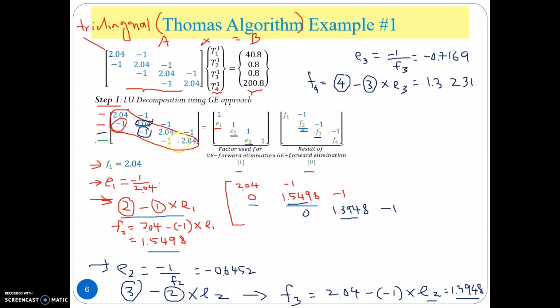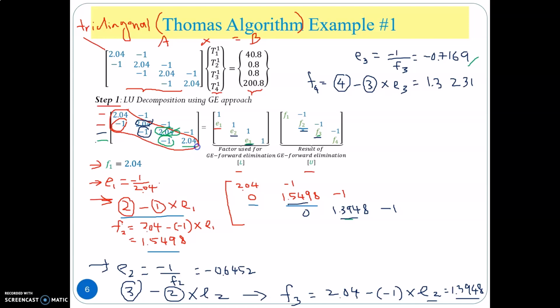By using the same procedure, we can continue with row 4, and to make -1 become 0, we need the factor E3. E3 is equal to -1 divided by this component. Since this component has changed to F3 already, and F3 is 1.3948, so -1 divided by F3, you should obtain -0.7169.